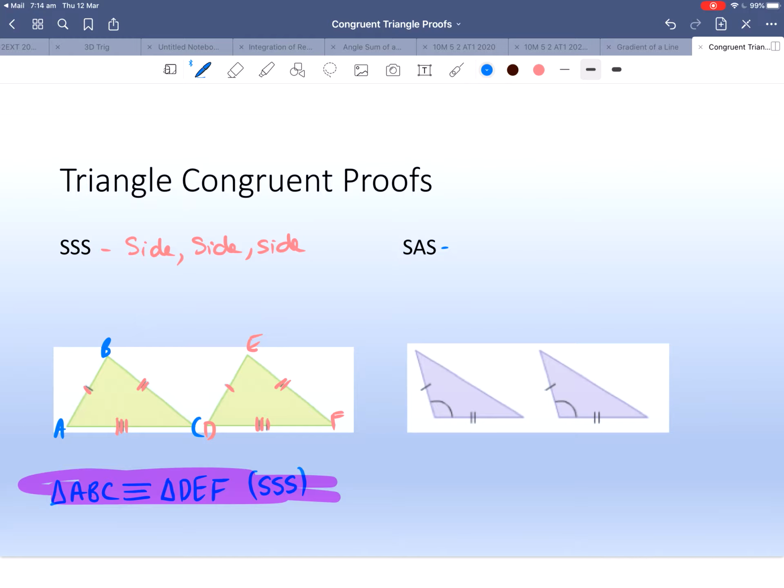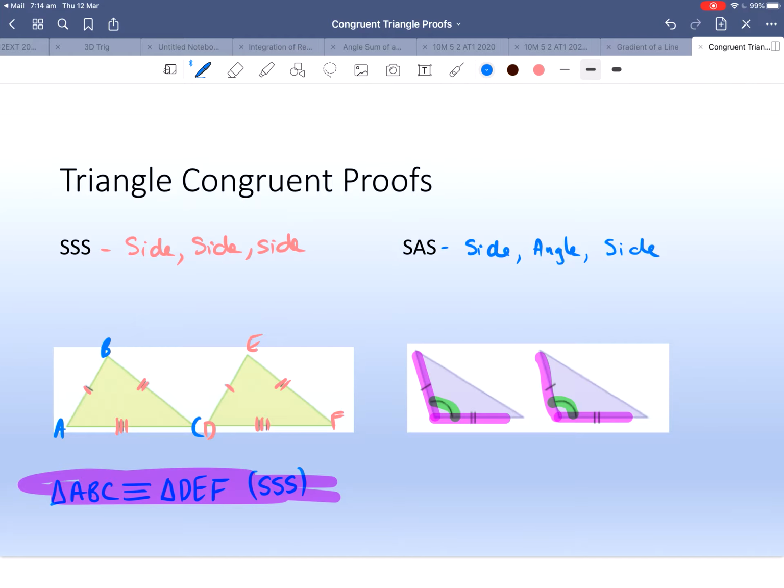Now the next one is side, angle, side. It's not just any 2 sides and 1 angle. It's 2 sides and their included angle. If that's the case, then we can use our proof system.